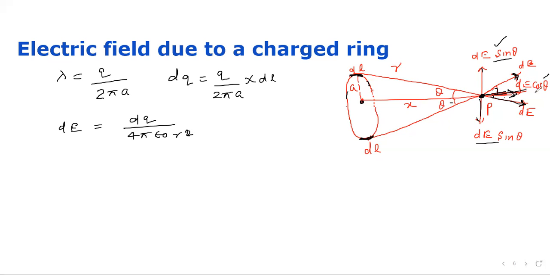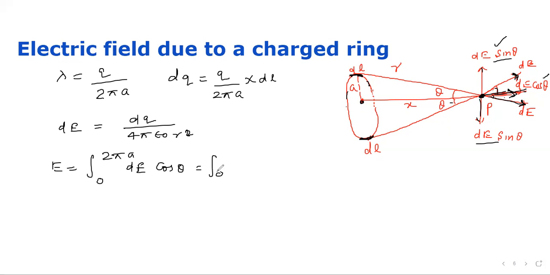As we have discussed, the net electric field will be due to cos theta components only. So we can say E equals the integration over the whole ring, 0 to 2 pi a, of dE cos theta.